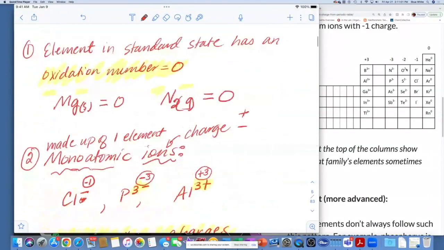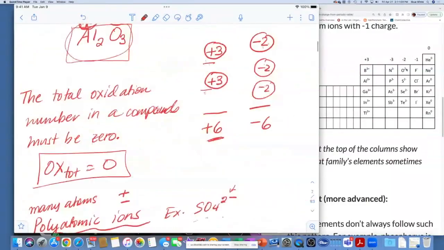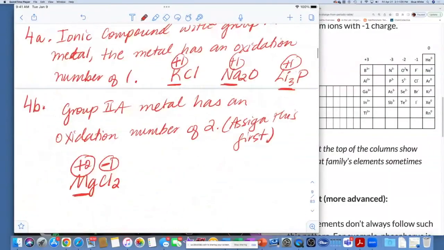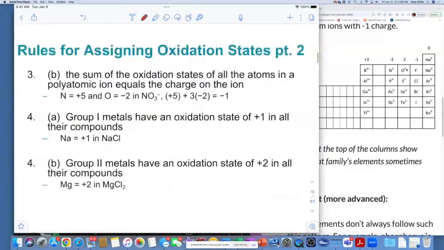They consolidated stuff here, so skip over all the stuff I wrote. Go all the way down to the rule where it says the sum of the oxidation states of all the atoms in polyatomic ions equals the charge of the ion. In the case of nitrate, assign the 3 oxygens first, then assign N. When you add the oxidation numbers, they should total -1. So we've done that rule.